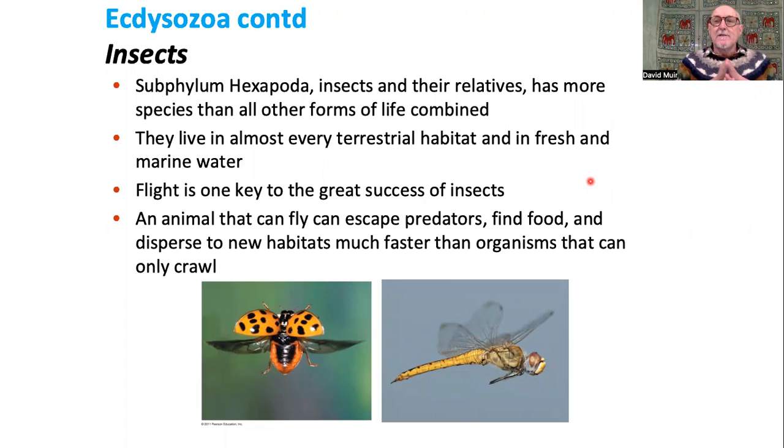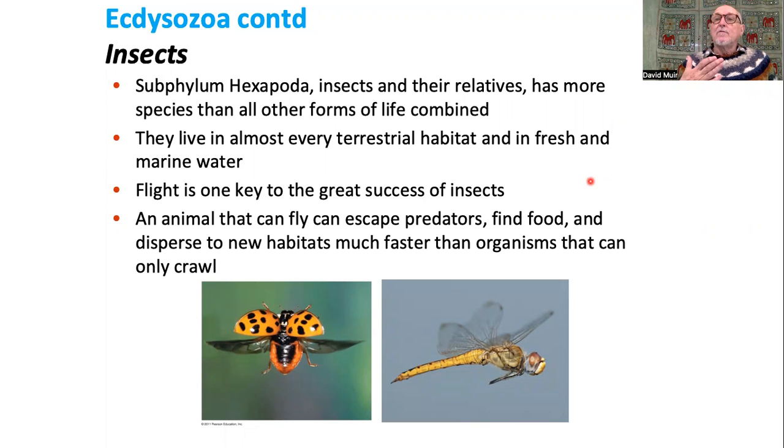One of the most characteristic aspects of the insects is their ability to fly. And flying is always a very important characteristic to acquire, because it opens up so many different habitats for an organism.